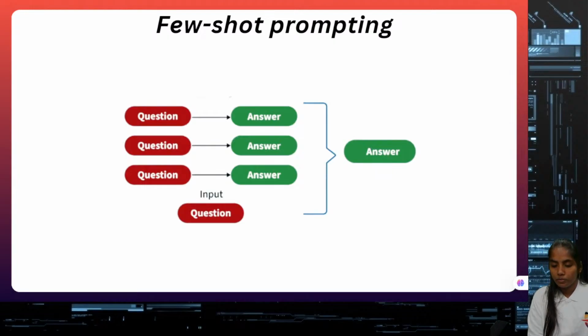For example, what is Python, explain it with the requirements of advantages, also explain applications, and also explain something about real-time applications. So you are asking multiple requirements, right? That is what you call few shot prompting.